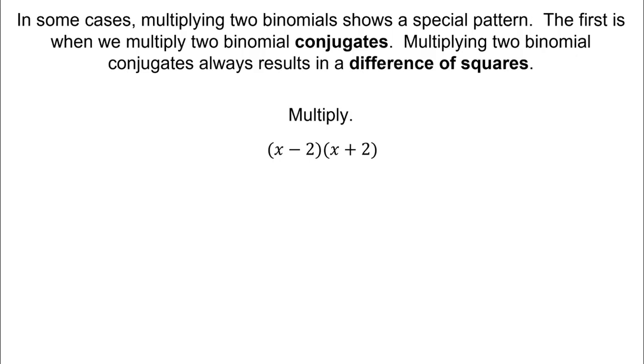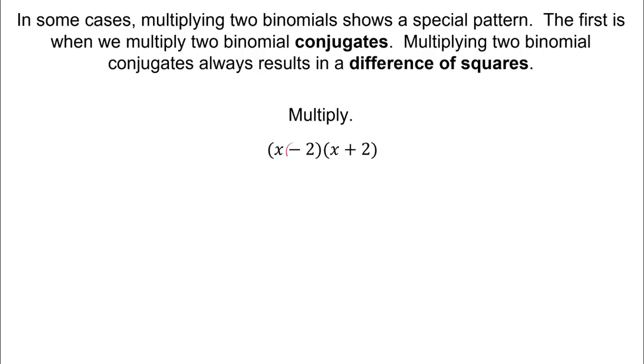Here we're asked to multiply two binomials, x plus 2 by x minus 2. And right away I notice that these two binomials are conjugates. And here's how I know. A conjugate of a binomial is the exact same binomial with one glaring difference.